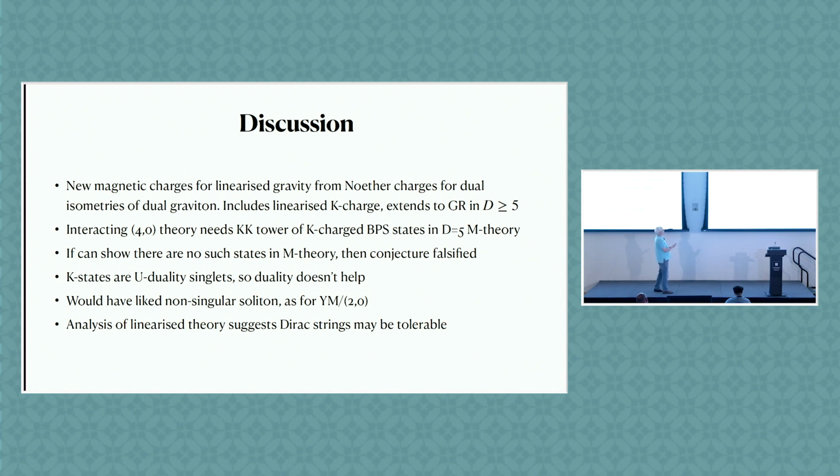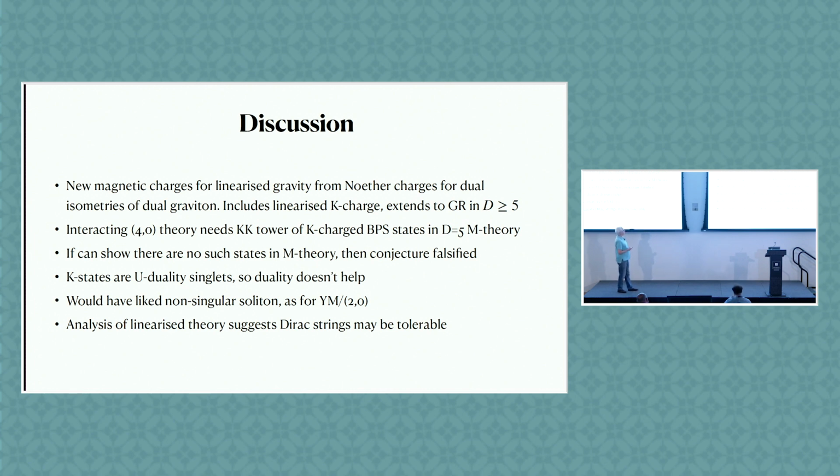It includes the linearized K charge which occurs in the supersymmetry algebra, plus other charges which don't occur in the superalgebra but are of interest and have appeared elsewhere. And this extends to the nonlinear theory in an interesting way. I talked in the second part of the talk about the linearized K charge, but at the beginning I gave the full nonlinear form of the K charge. So that one we already know extends to the full nonlinear theory.